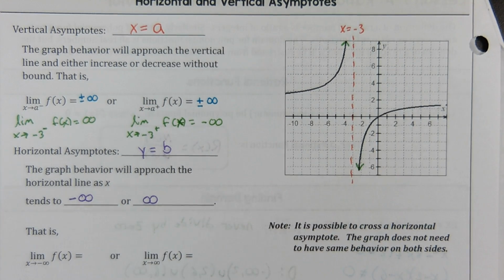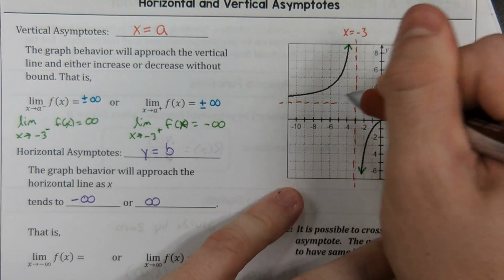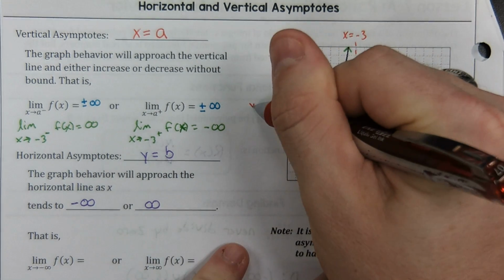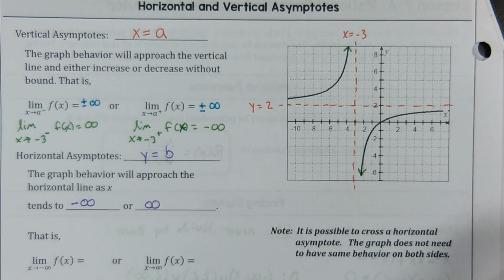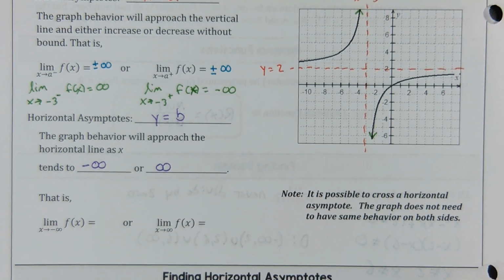For this one, let's put a horizontal line on here that this graph is getting really close to but not touching. It's at y equals 2.